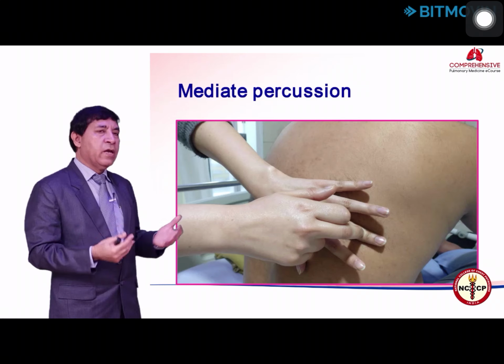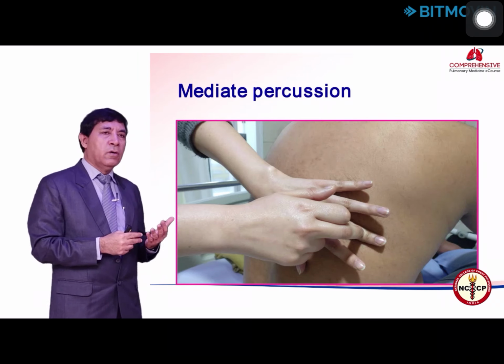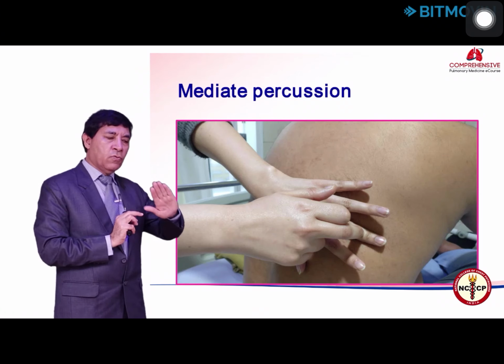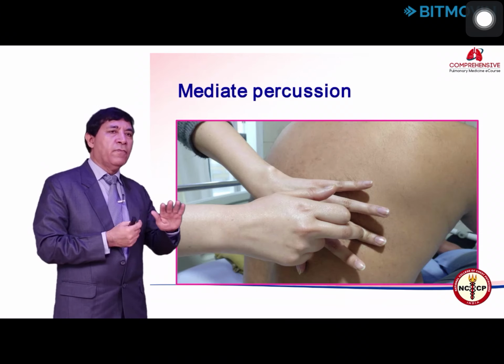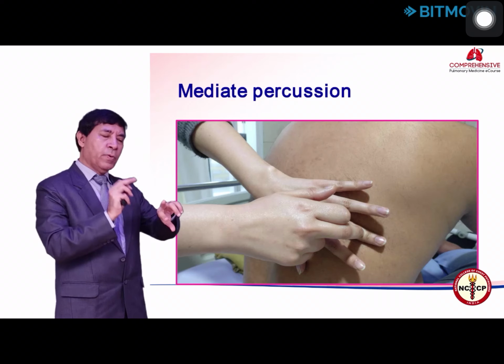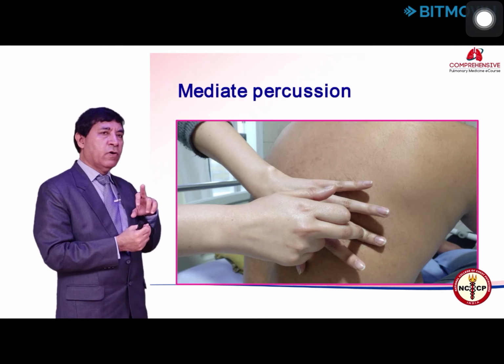But if there is fluid, or if the lungs are fibrosed, then when you percuss, the chest wall cannot move in, because there is a lot of resistance offered by the fluid. So the force which you apply on the finger is not transmitted to the chest wall, and the chest wall is not moving.